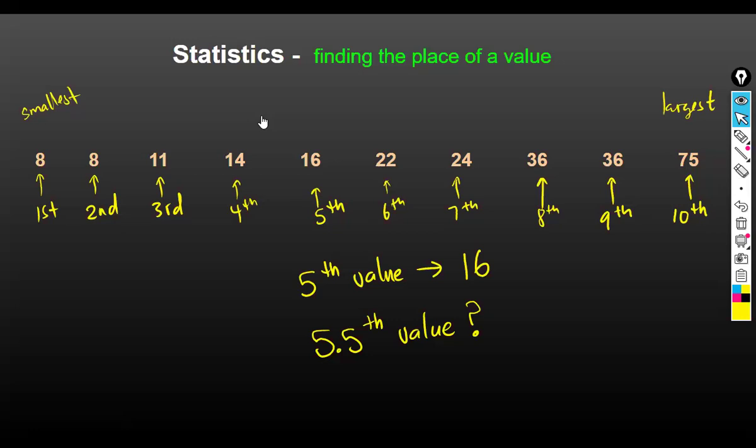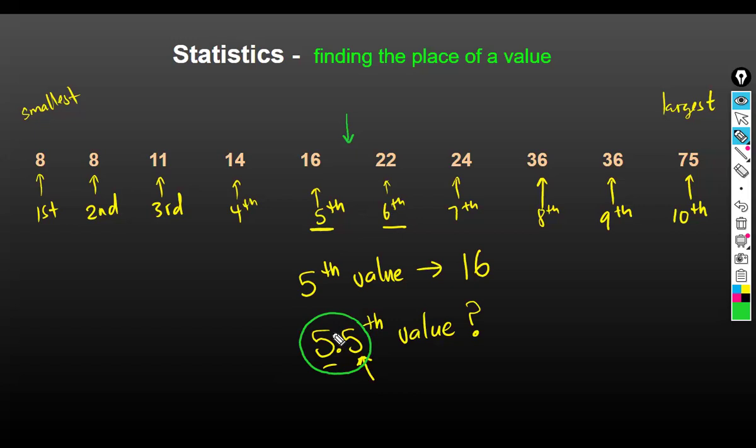You'd look at them funny, like, what madness are you talking about? But let me show you how. 5.5 means 5.5. Is 5.5 the same thing as fifth? No. Is 5.5 the same thing as sixth? No. Isn't it reasonable to assume that 5.5 is in between fifth place and sixth place?